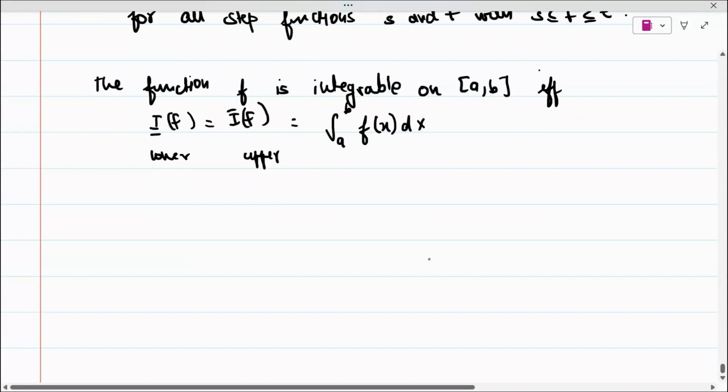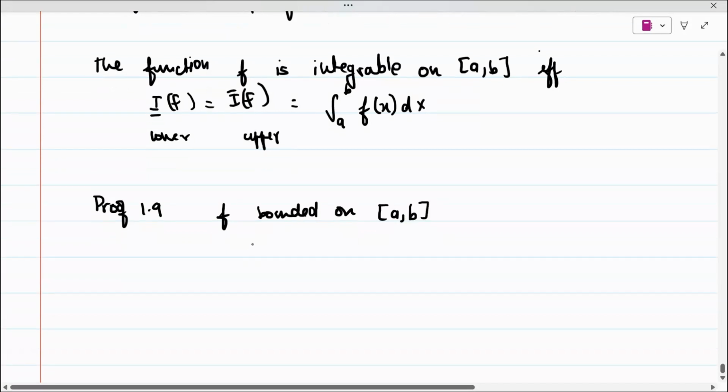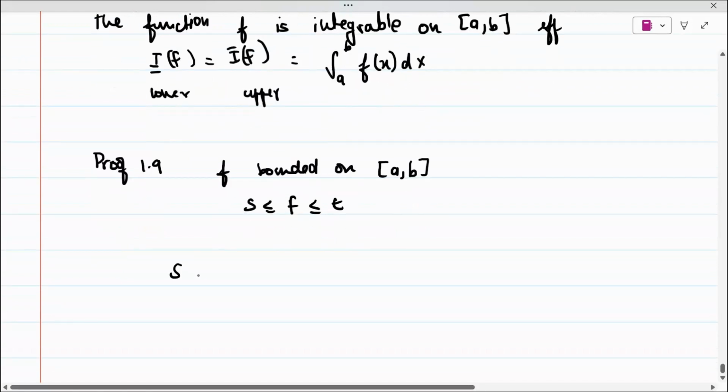So why don't we prove this statement? So let's say we have a function f which is bounded on an interval. We also have these step functions. Now let this set s be equal to the integrals of the step functions.